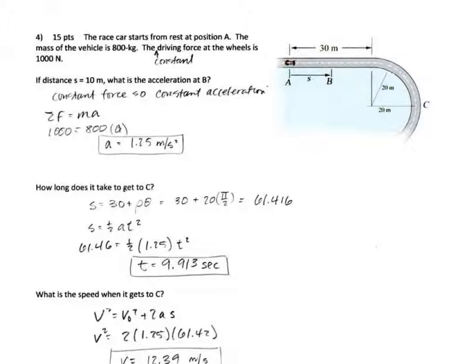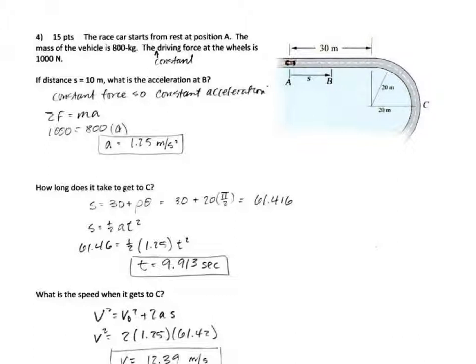So constant force along this path, F equals ma. The distance S_B here, S_B to 10, was just a little red herring to see if you could work through that, but the constant acceleration is given there, and that'll be the constant tangential acceleration as long as that driving force is pushing it. Doesn't matter if the path is crooked or around a corner. If it's constant driving force, then you'll have constant acceleration.